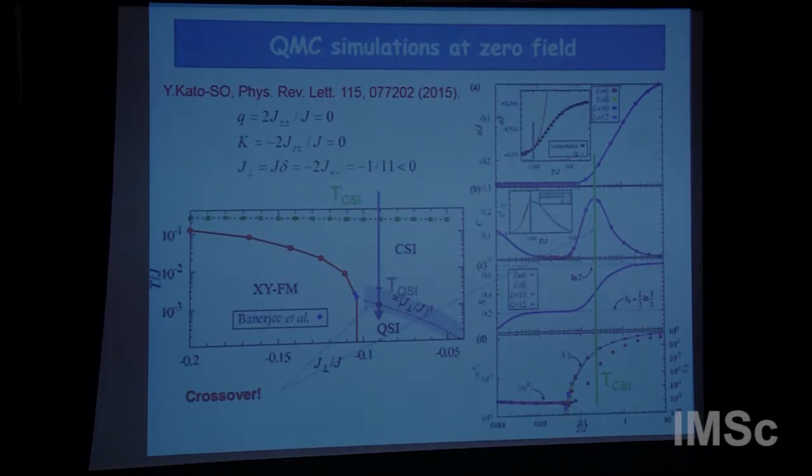Actually, I will go back to that point when we talk about neutron scattering cross sections. Okay. In this case, if we fix the photon velocity, then we can get this kind of curve. And the specific heat behavior here is at least not inconsistent with that picture.